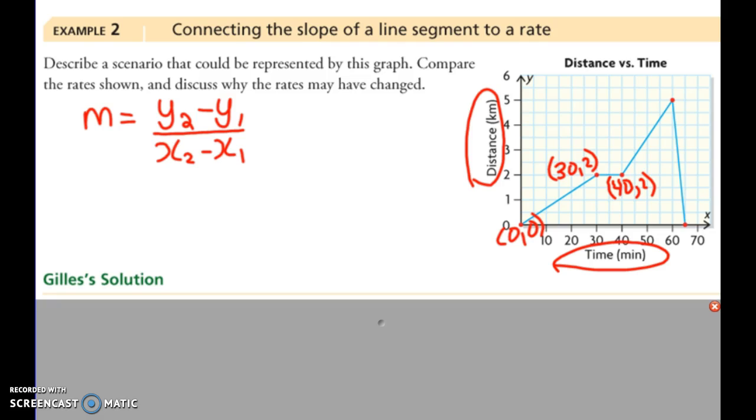This point being 60, 5. And our last point being 65 and 0. Okay, so if we wanted to find the slope of each section, this would be our x1, y1, and our x2, y2.